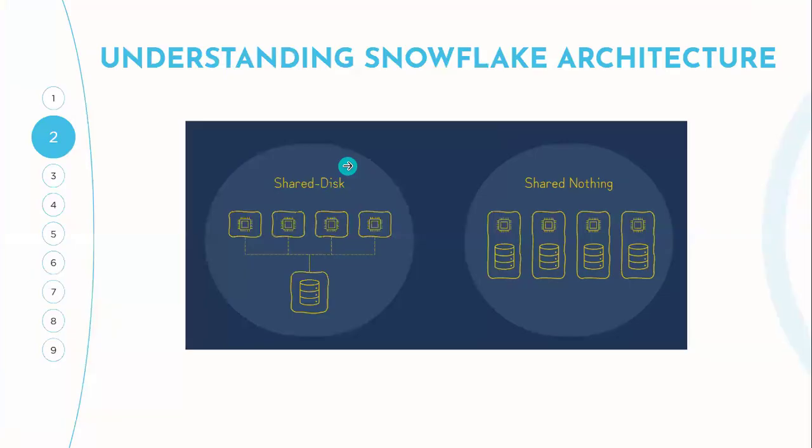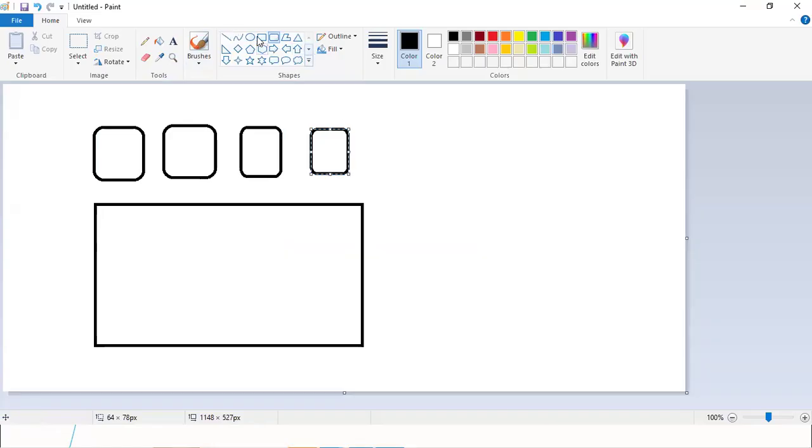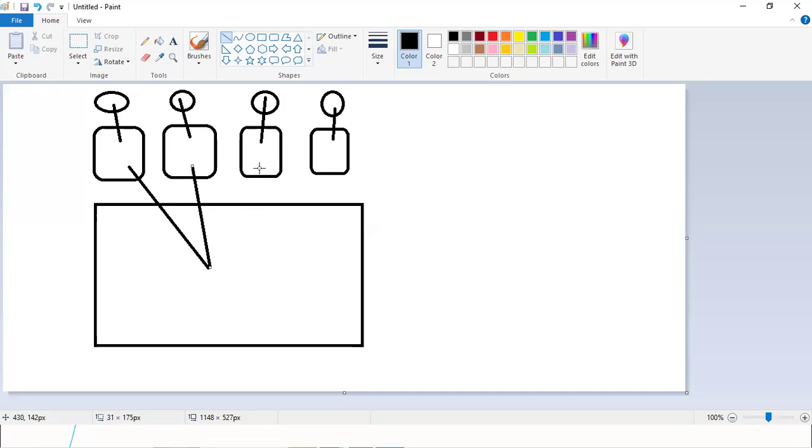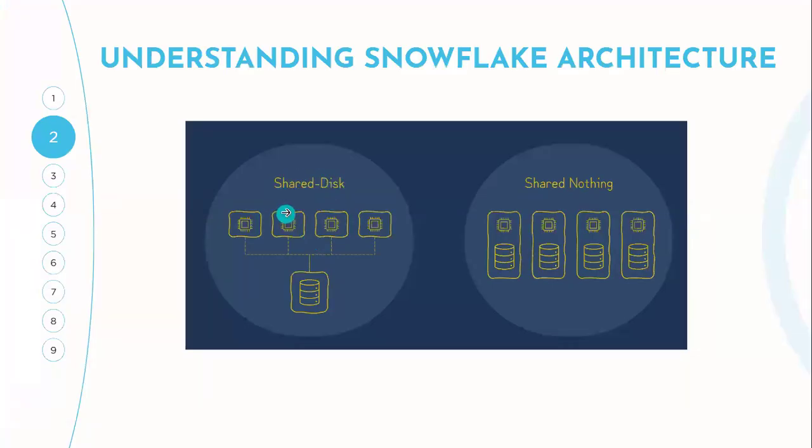What exactly do shared disk and shared nothing mean? Assume there are four users executing some query on the same table. For each user, a VM will be allocated, and all these VMs will be connected to the single storage layer or single database. This we call the shared disk architecture.